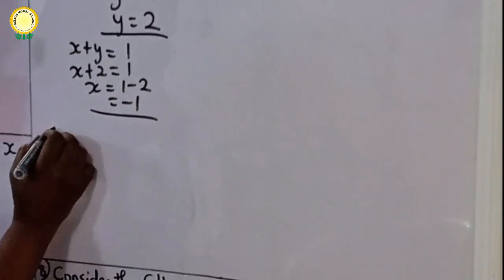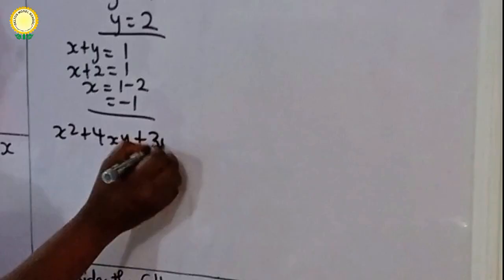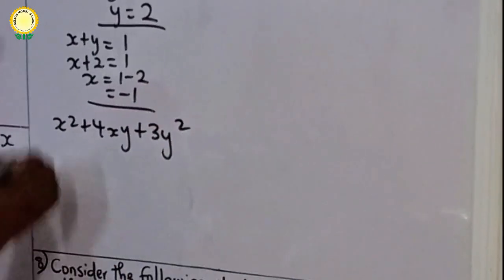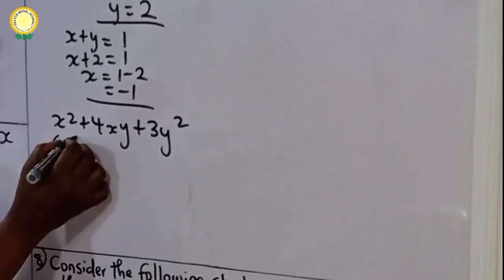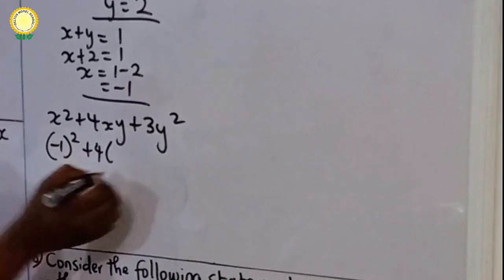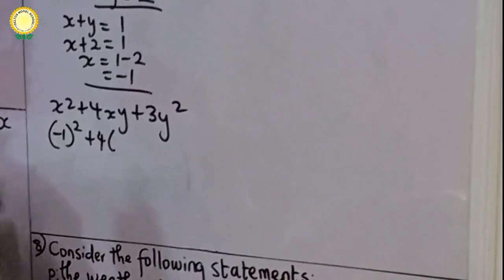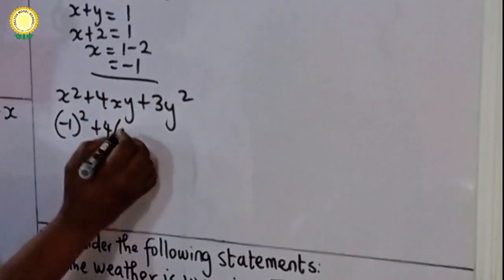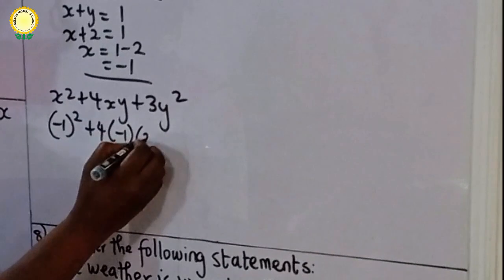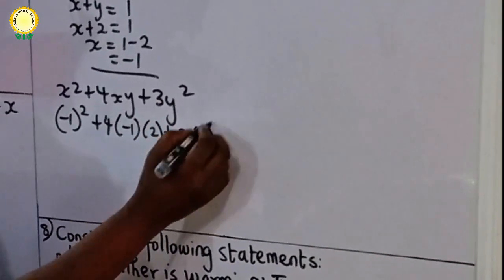So the expression is x squared plus 4xy plus 3y squared. What is the value of x? The value of x is negative 1. So negative 1 squared plus 4. You need to be very careful here because we have a negative number. Anytime you have a negative number, you should slow down when you are solving. x is negative 1, y is 2, plus 3, y is 2 squared.